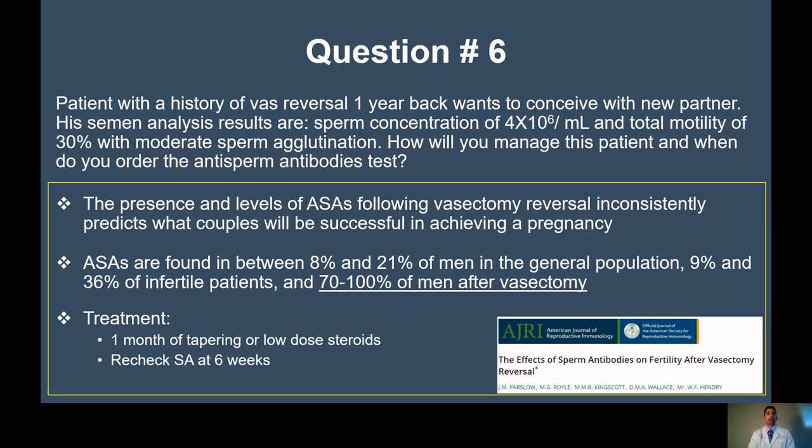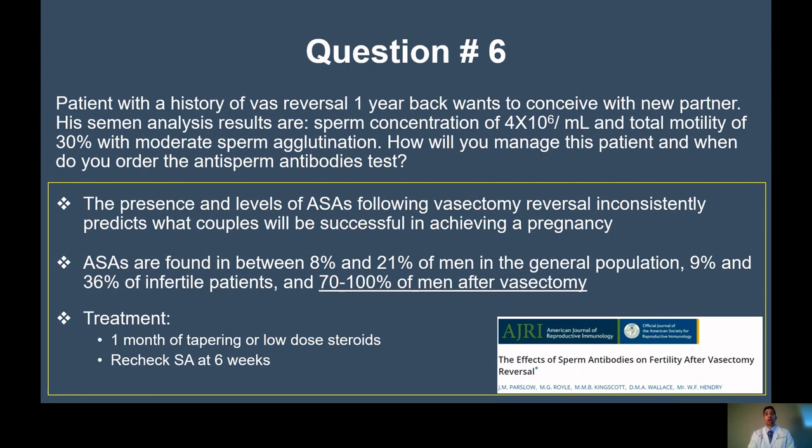It is important to know that the presence and levels of anti-sperm antibodies following vasectomy reversal are inconsistent predictors of whether a couple will be successful in achieving pregnancy. The reason is that ASAs, or anti-sperm antibodies, are found in between 8 and 21% of men in the general population, and 9 to 36% of infertile patients.